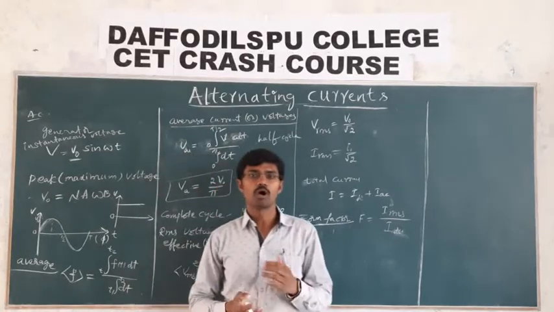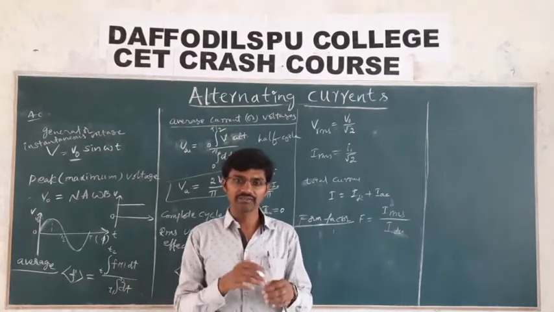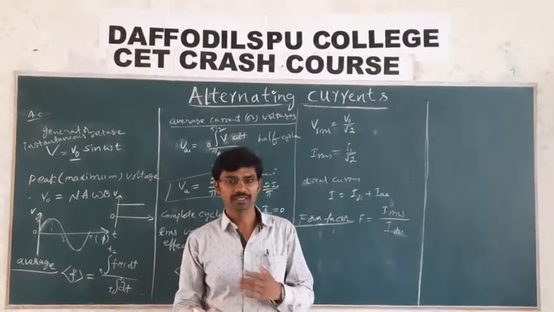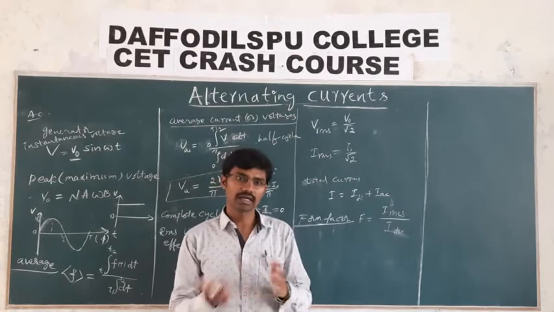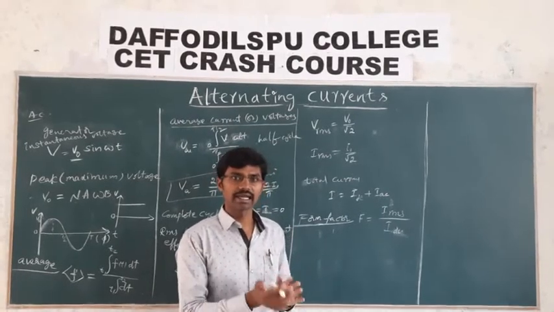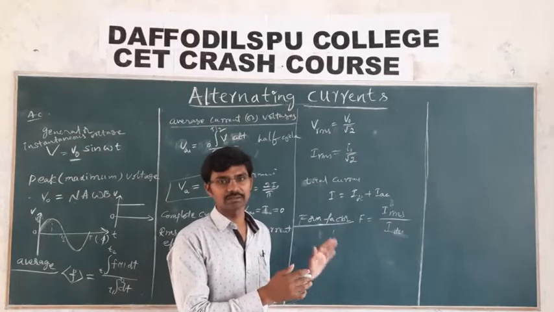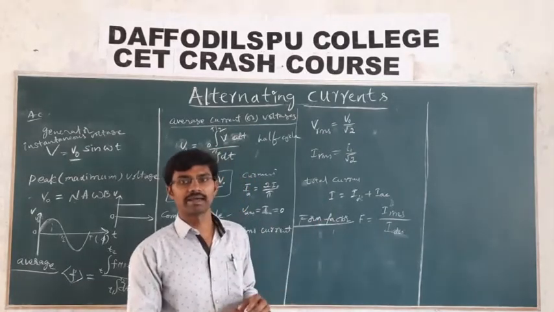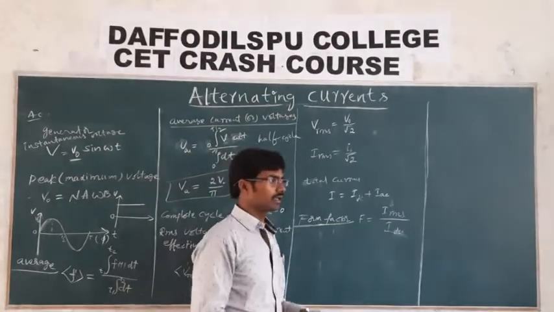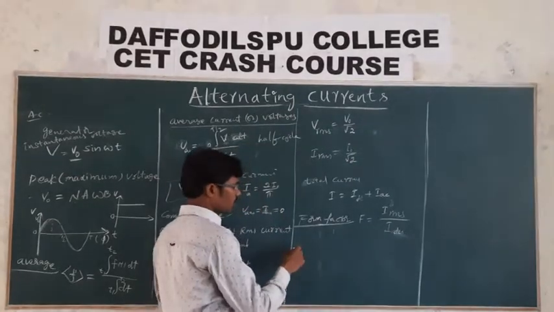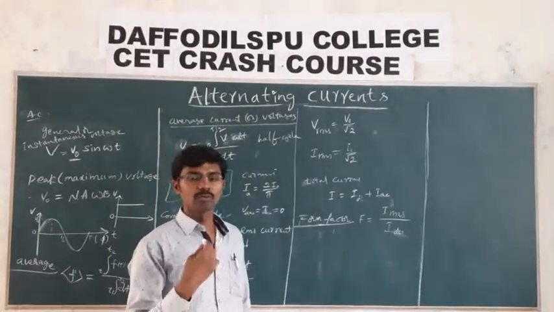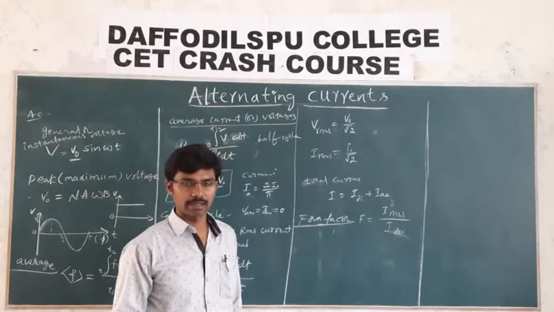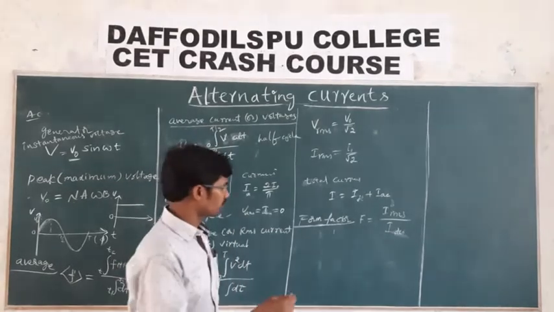Phase diagram shows how the voltages and currents are in phase or out of phase, and what the phase difference would be. According to that, we draw the diagram. The diagrammatic representation is nothing but the phasor diagram. Then let us find what happens when we apply AC to a pure resistor, pure inductor and pure capacitor.